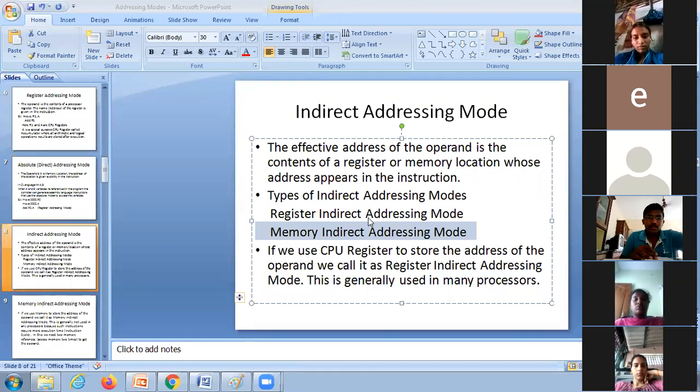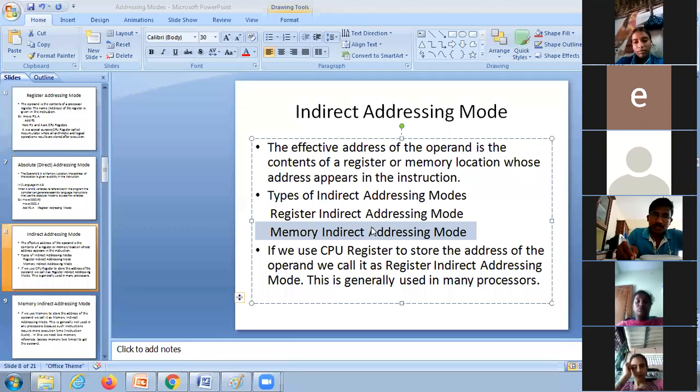If you use a CPU register to store the address of the operand, we call it register indirect addressing mode. This is generally used in many processors. In your book, they simply say indirect addressing mode. Is it register indirect or memory indirect by default?